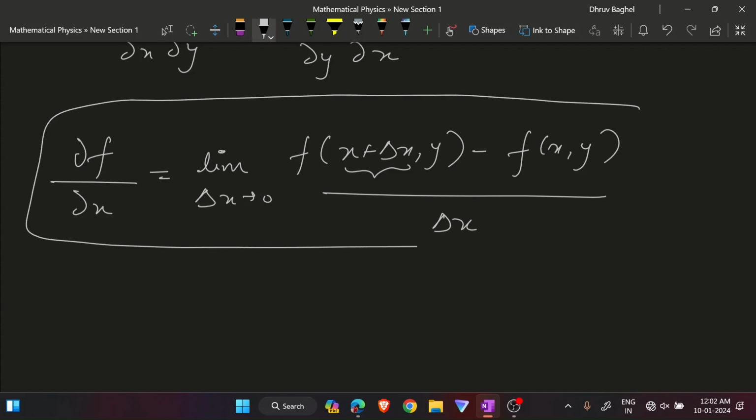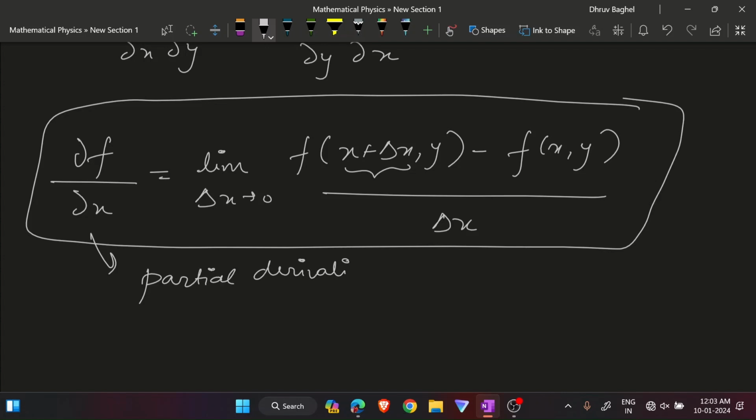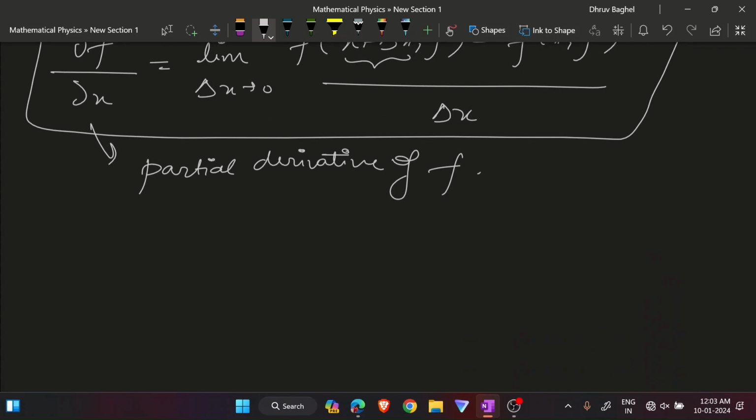This is also known as the partial derivative of f. The same way we can define del f by del y, as the limit as delta y tends to 0 of f(x, y plus delta y) minus f(x, y), divided by delta y.